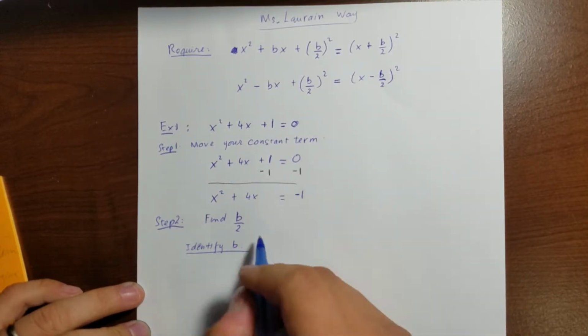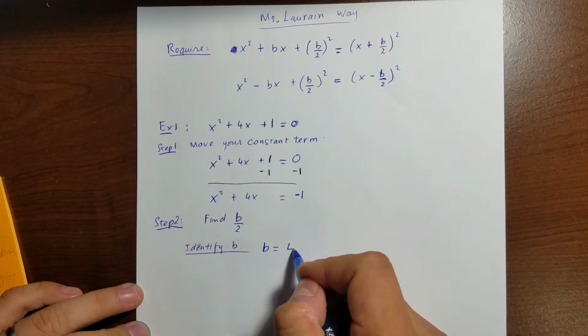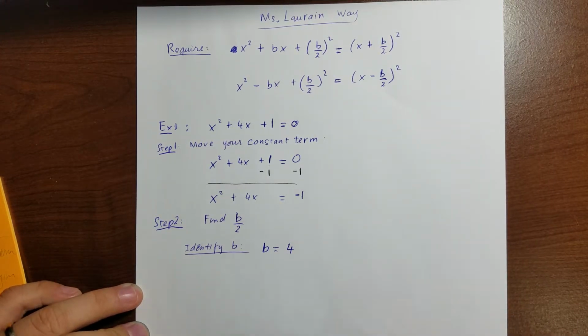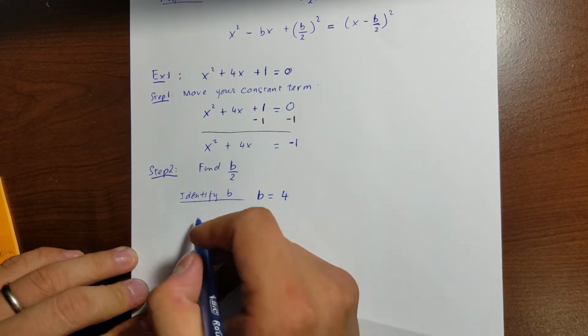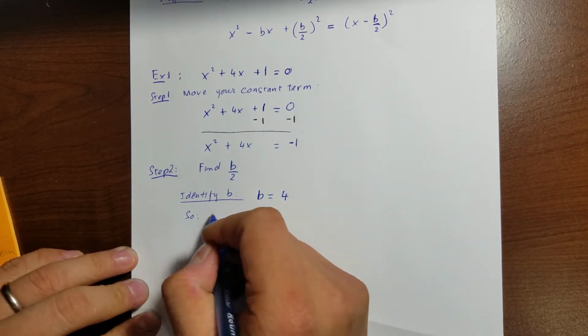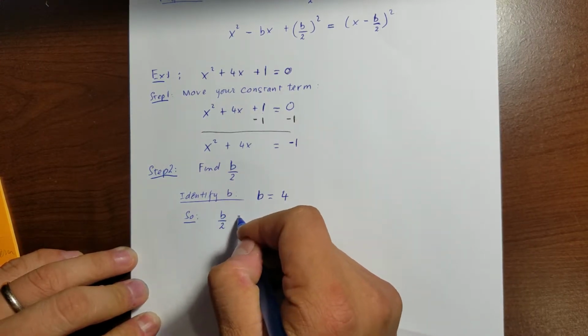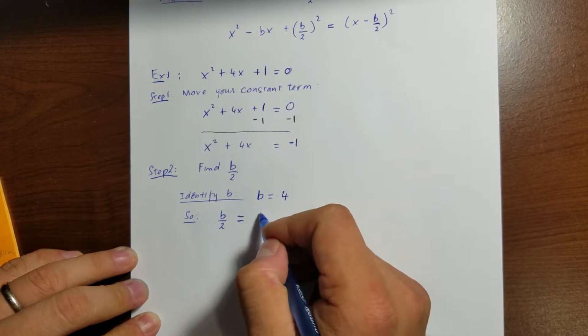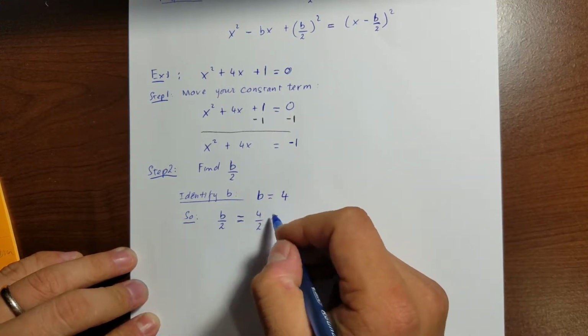In this scenario, our b is 4. Once you get that, you can find your b over 2. In this case, it will be 4 over 2, and you can simplify that immediately, which is 2.